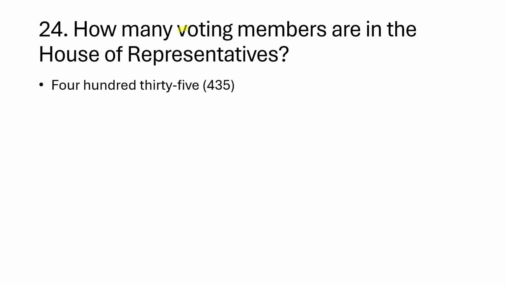The reason they say voting members is because the United States territories also have representatives, but they can speak, but they don't have a vote. So the question is, how many voting members are there? And it's always 435. After every census, every 10 years, they count the populations of the states. And if some states have grown in population relative to others, the number of representatives they have might go up or down. But the total is always 435.